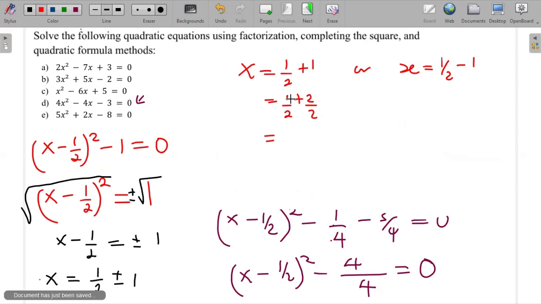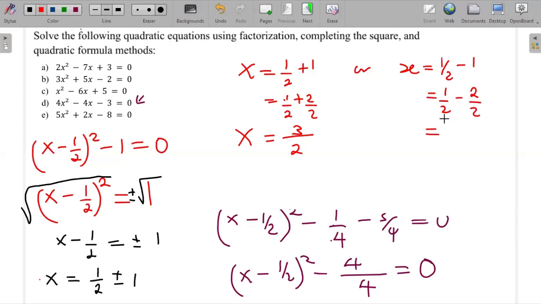So that my addition of the fractions is just simple like that. 1 is the same as 2 over 2. So the common denominator is 2, and then I add whatever is on top, 3. So my first answer is 3 over 2. And then on the other part, I can also do the same. This can be 1 over 2 minus this 1 here, which is the same as 2 over 2.